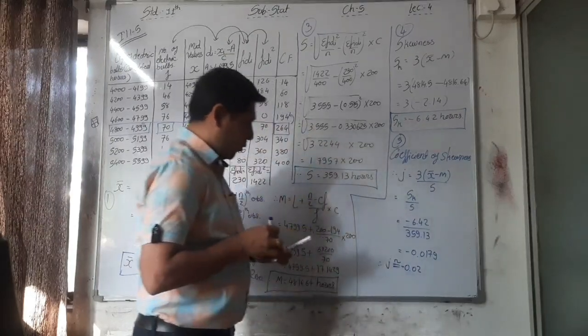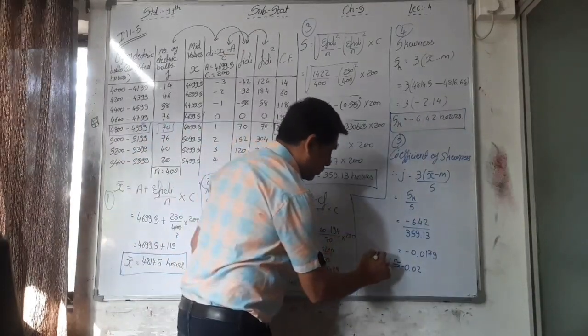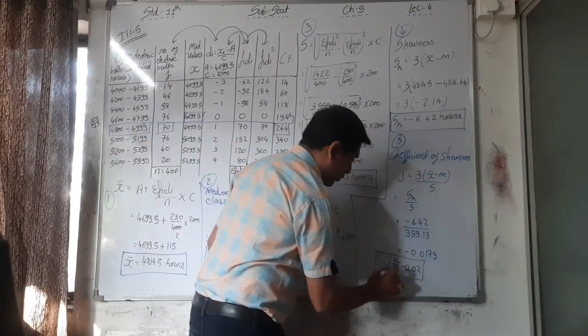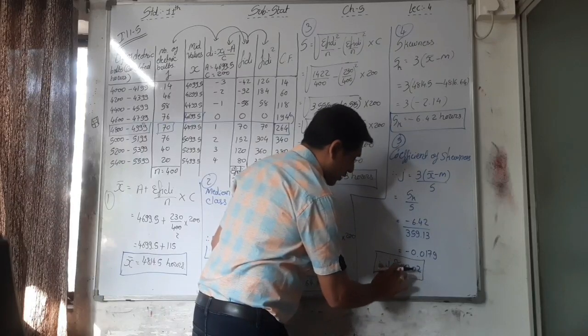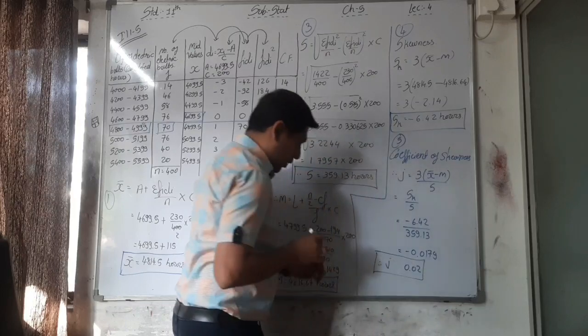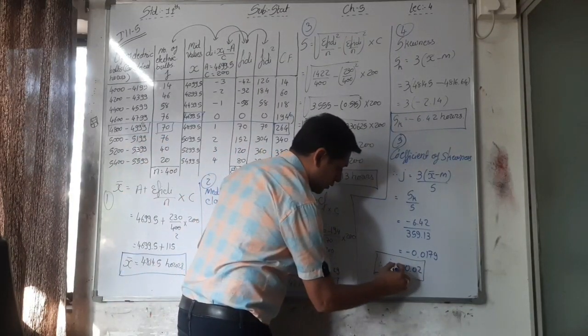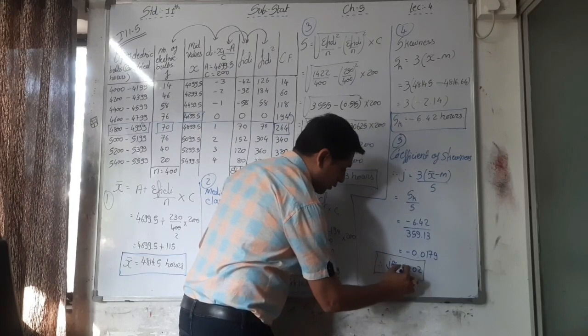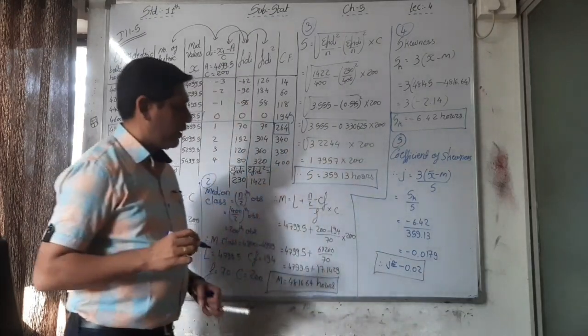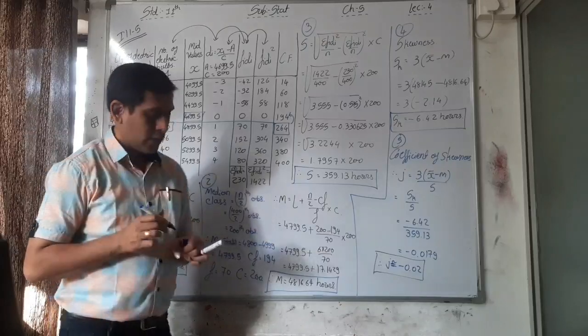Minus is compulsory. Please write that down, because here the negative skewness is there, and that's why we have to specifically say that it's a minus. Minus 0.02 is the final answer.